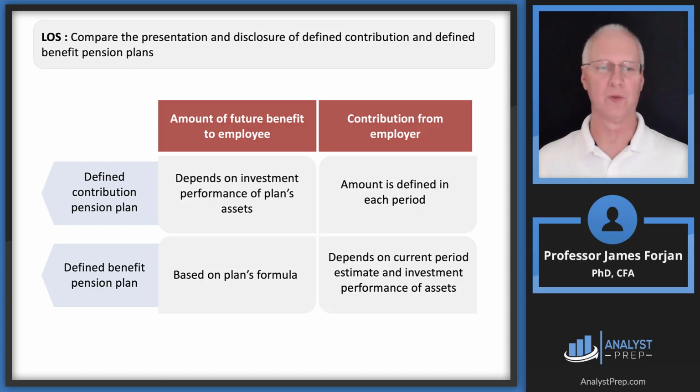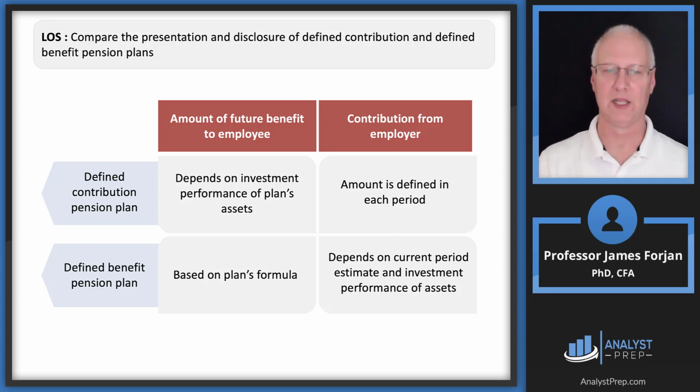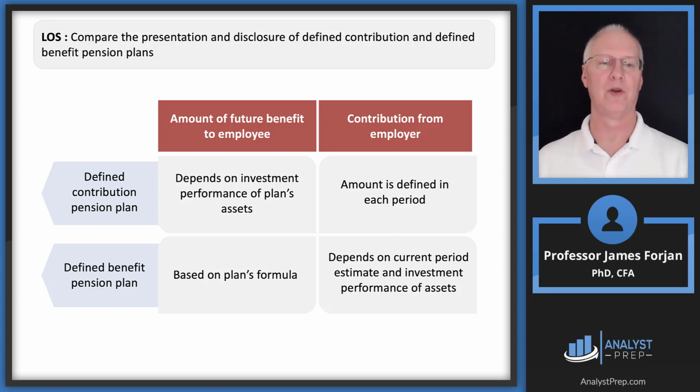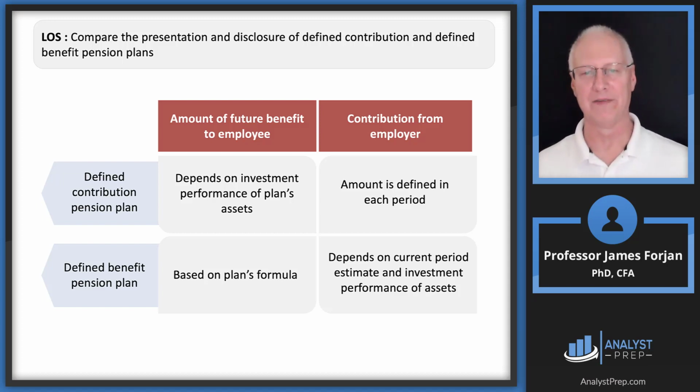But here's where we get super interesting, the defined benefit pension plan. This is where the benefit is particularly defined. And so if I were under a defined benefit plan, my formula might sound something like this. All right, Jim, let's take your last 5 years worth of your salary, and let's take the average of those and let's multiply it by 150%.